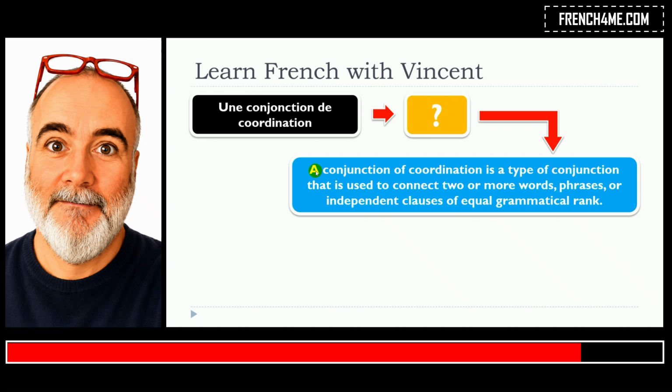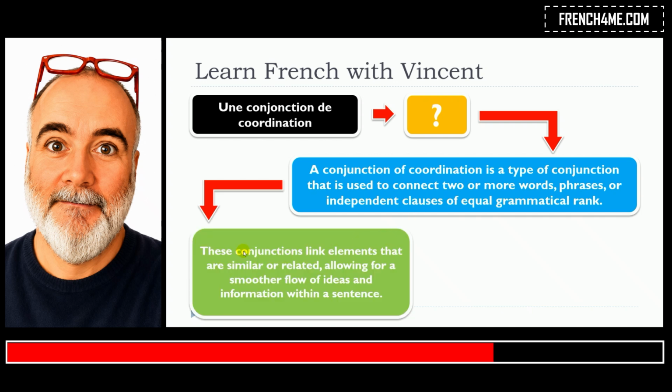A conjunction of coordination is a type of conjunction that is used to connect two or more words, phrases, or independent clauses of equal grammatical rank. So we use them to connect two or more words, phrases, or independent clauses.